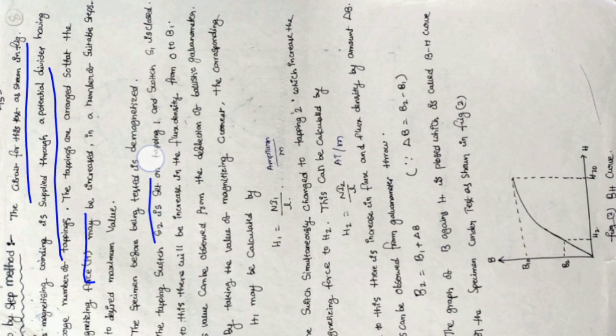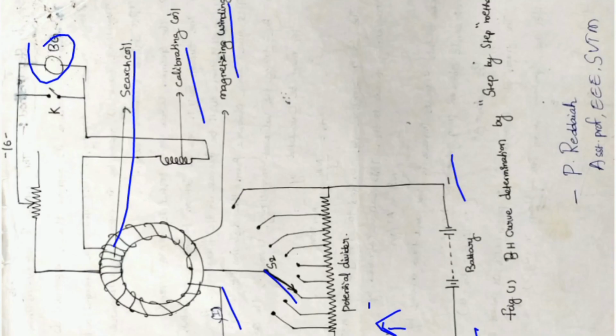The ring specimen is demagnetized before testing. I already told you what demagnetizing is: reversing the supply terminals, plus and minus, to the test. Instead of plus we are giving the minus terminal, and vice versa.